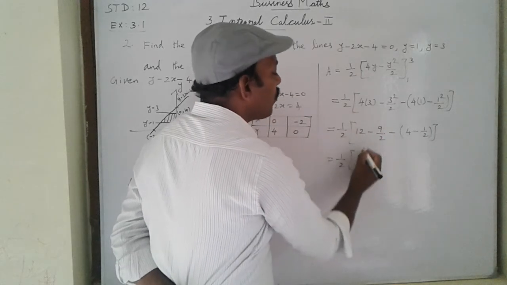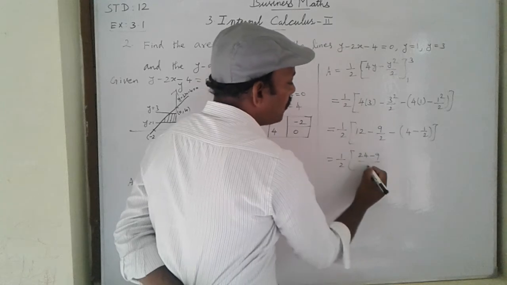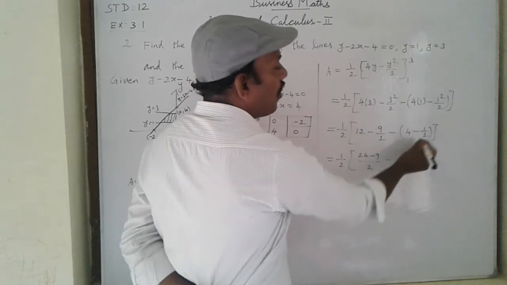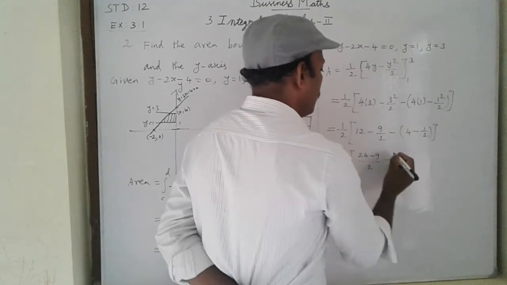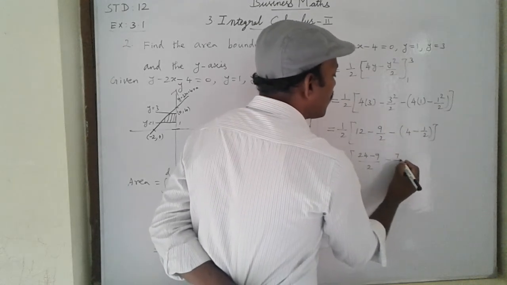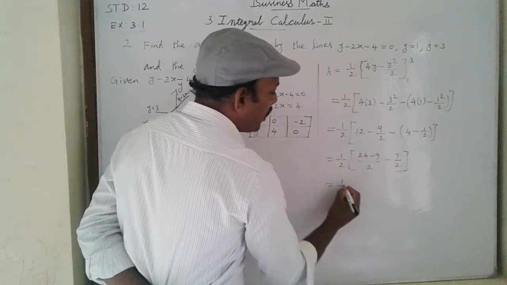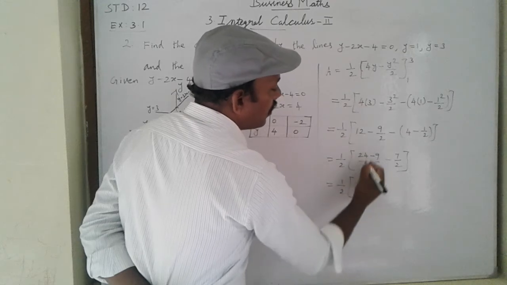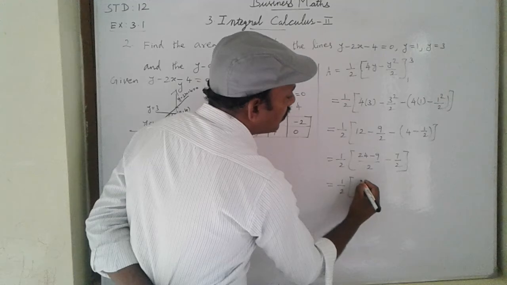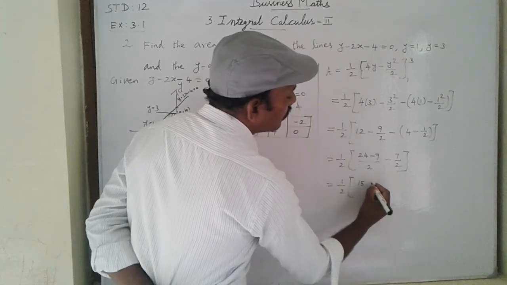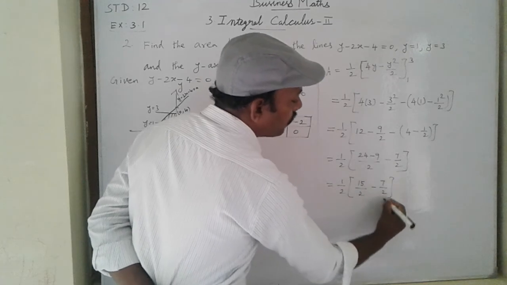Equal to 1 by 2, 2 into 12 is 24, 24 minus 9 divided by 2, minus 4 2s are 8, 8 minus 1 is 7, 7 divided by 2. So 24 minus 9 is 15, 15 divided by 2 minus 7 divided by 2.